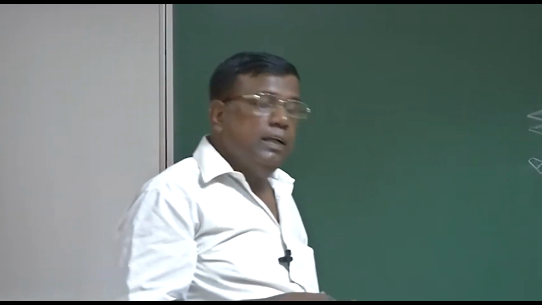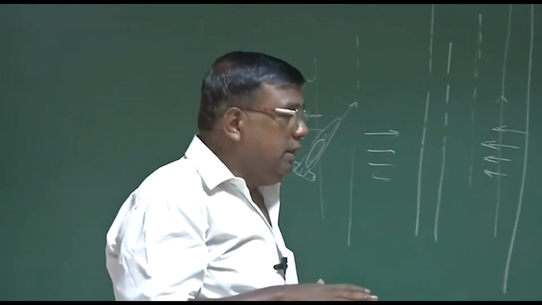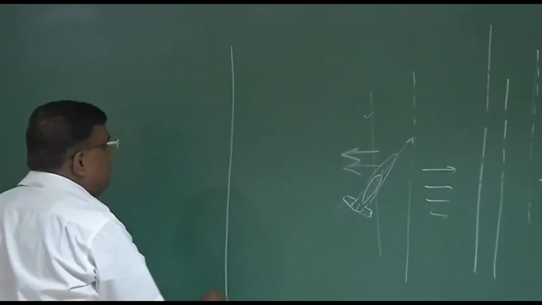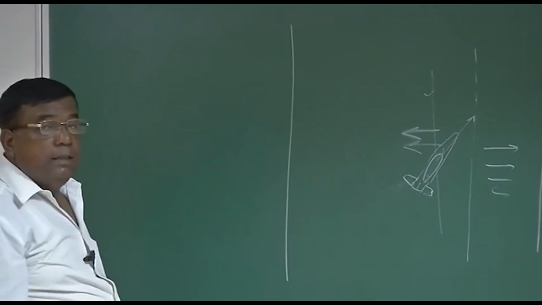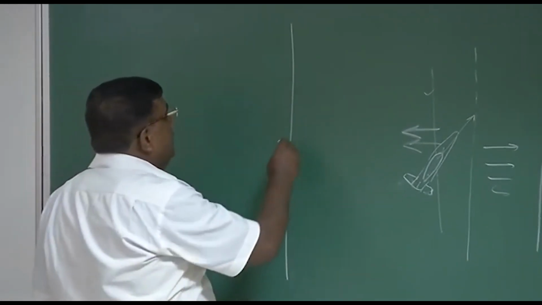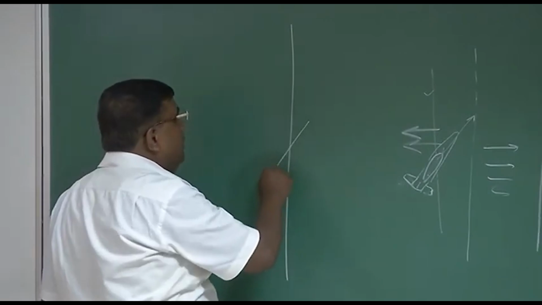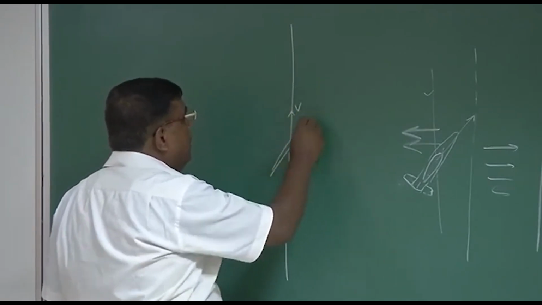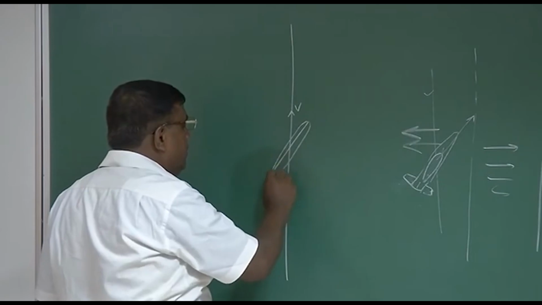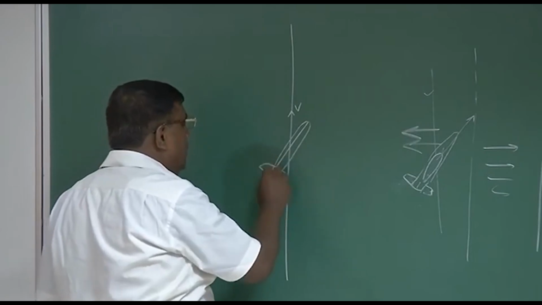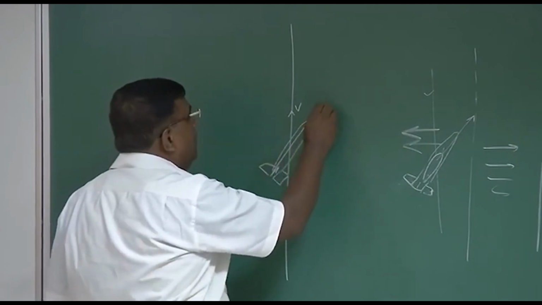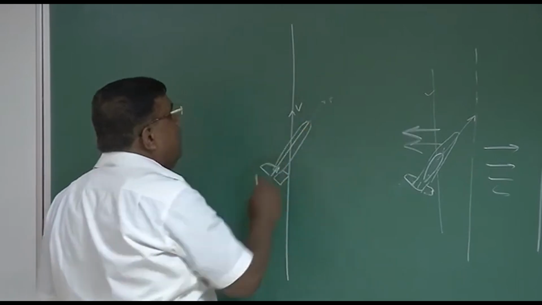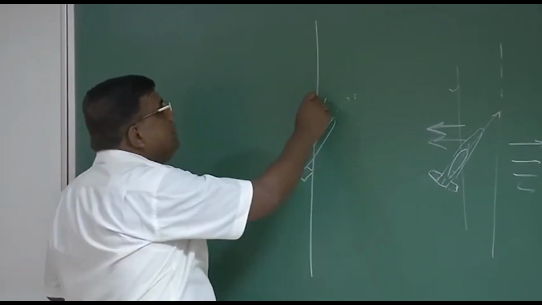And the third one is, we say, through side slip. That is, if this is the line where I'm going to land, let me draw it. I'll be actually flying with a side slip condition.